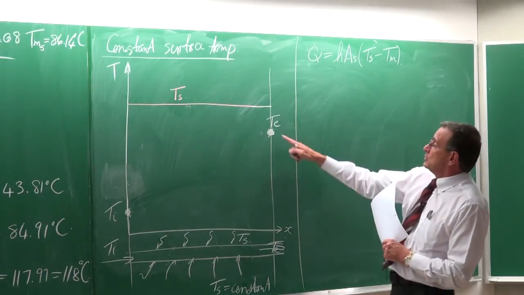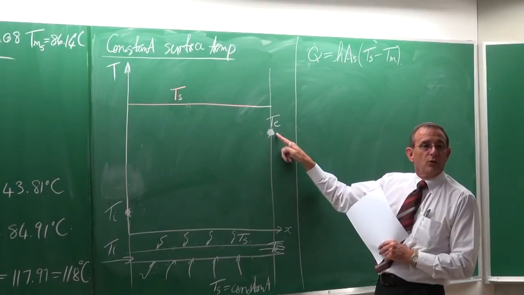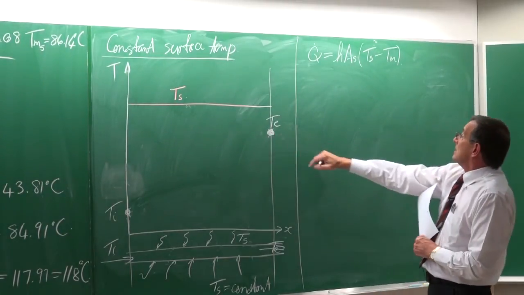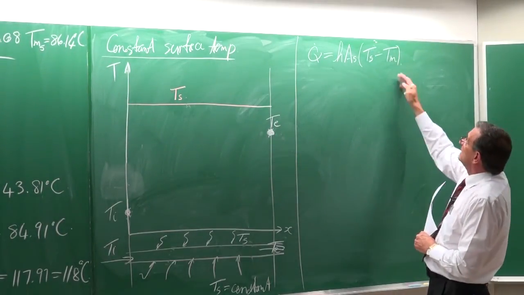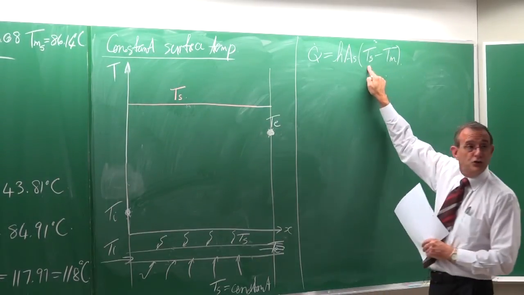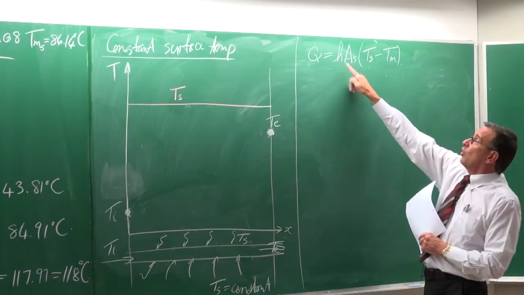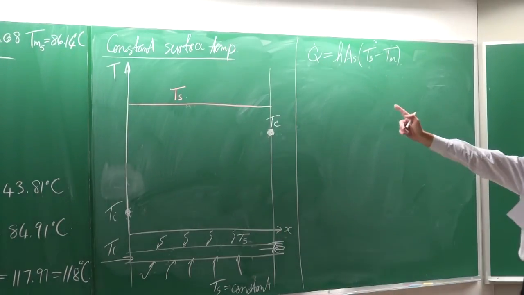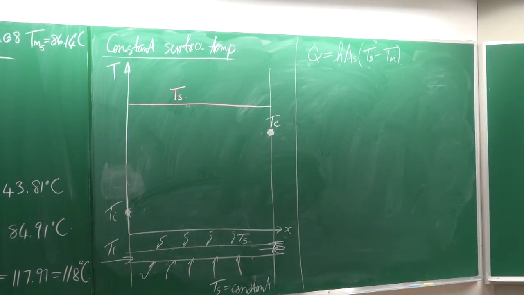Now, if I ask you to calculate the outlet temperature for me, how are you going to do that? You're going to say, right, this is what I want. I do have that, it's given. All I need is the heat transfer coefficient. You agree? But remember the complication with the heat transfer coefficient, it's not constant. So if I give you the average heat transfer coefficient, then maybe you can calculate it. Okay.